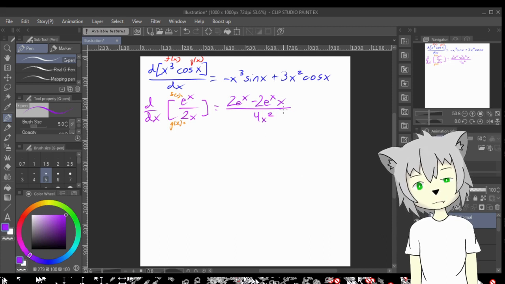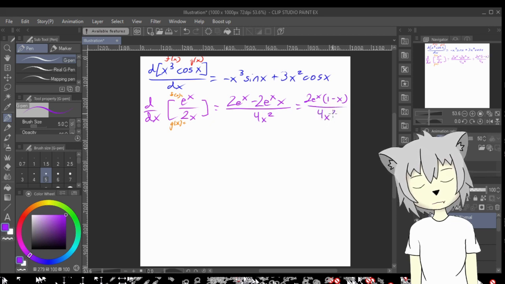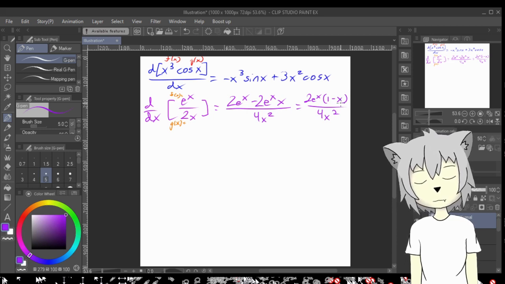And we can also simplify it down a little bit. It's basically 2e^x times (1 minus x) over 4x squared. You can't simplify that down, but yeah.